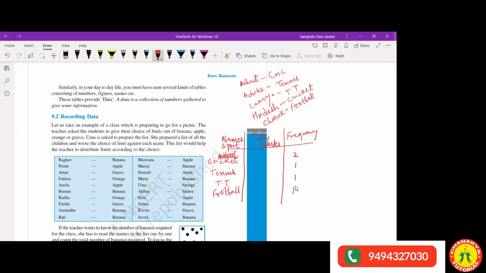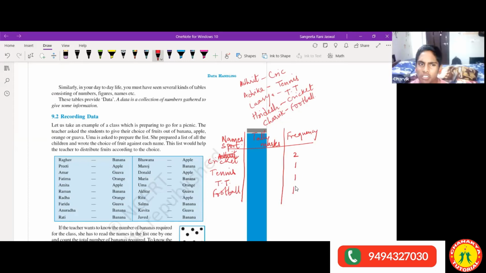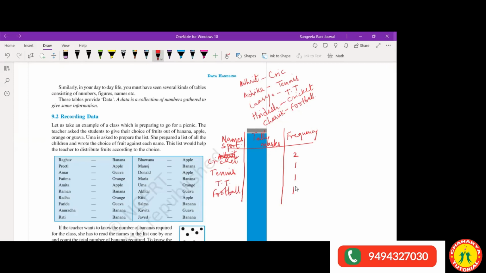Now, how will I represent this in tally marks? Here the numbers are less. What I want to tell you is how to represent a number in tally form. 1 is represented by just 1 line. 2 is represented by 2 lines. 3 is represented by 3 lines. 4 lines, and the fifth one is represented by a cross line over the four. Make a group of 5.